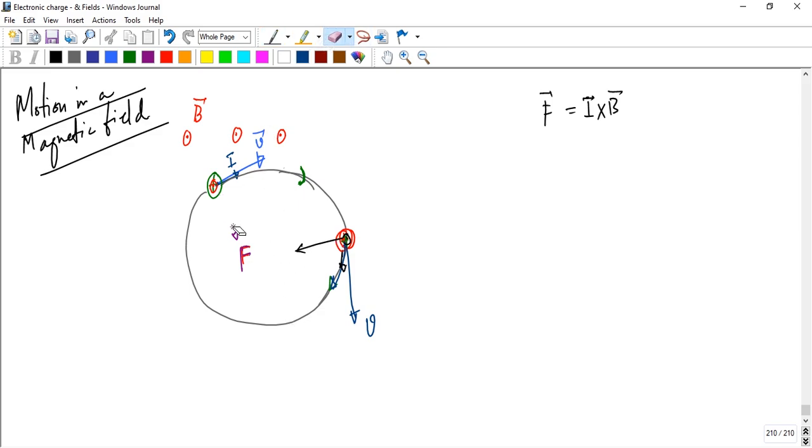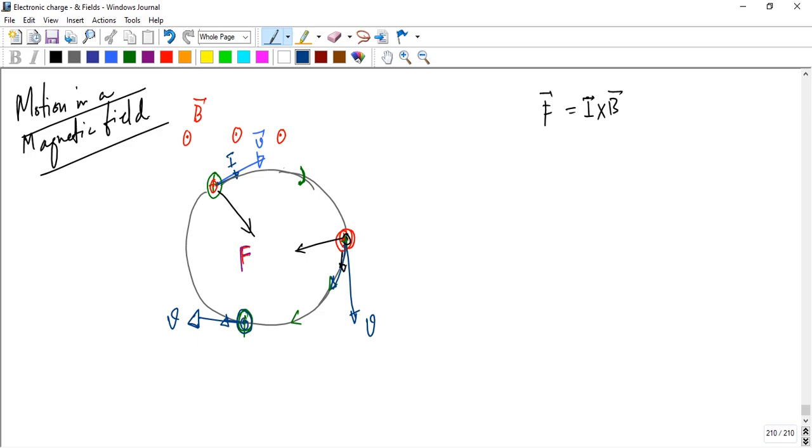Suppose this is the center. After some rotation the charge goes here. The velocity is in that direction, tangential, the current is in the same direction, and the magnetic field is towards me.